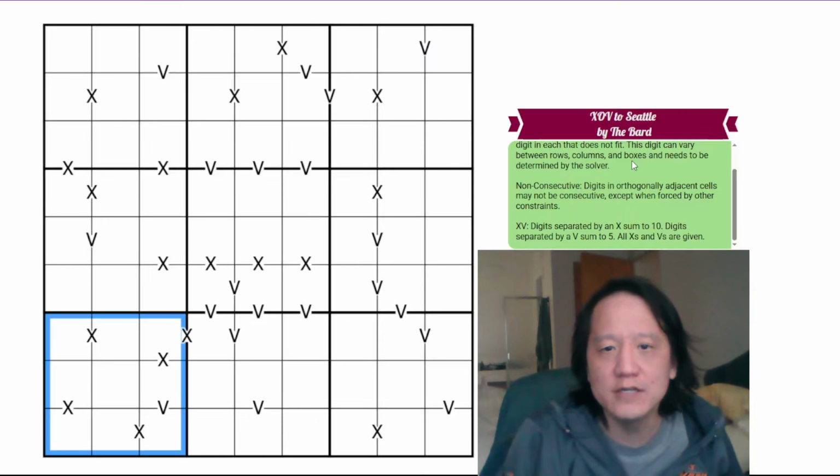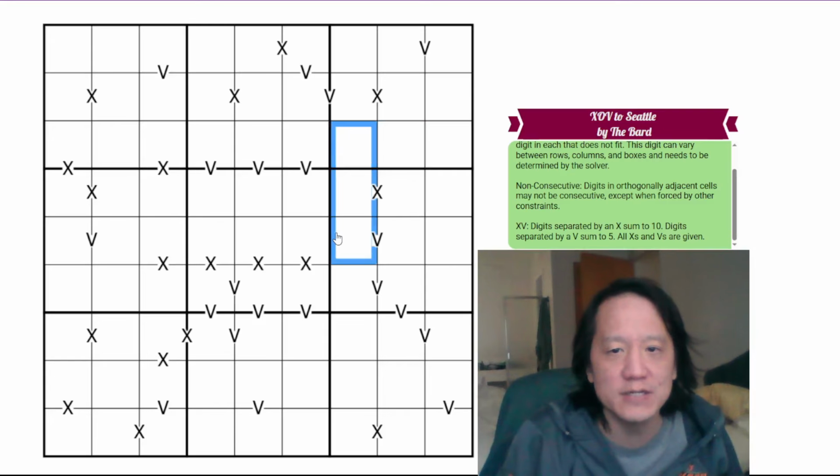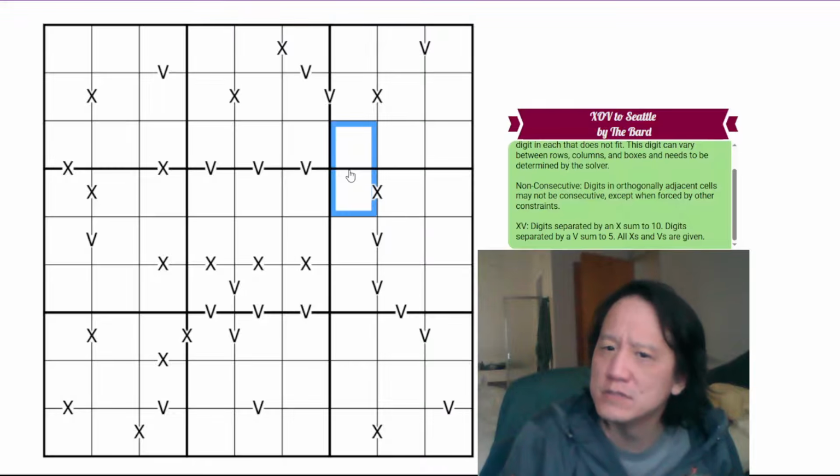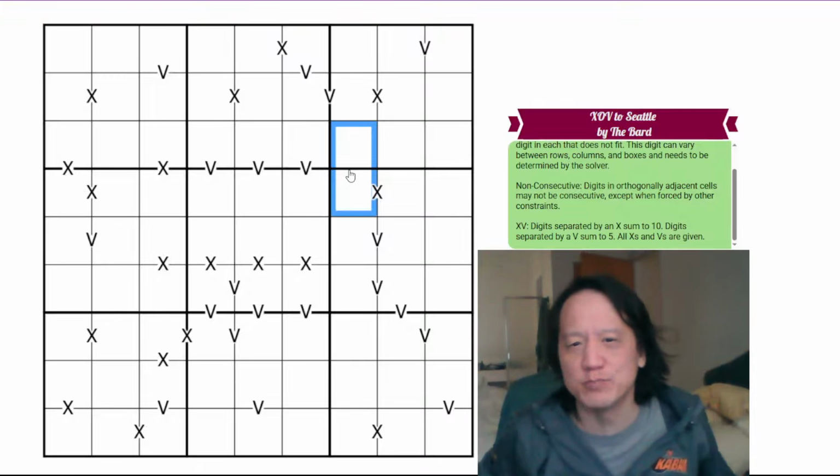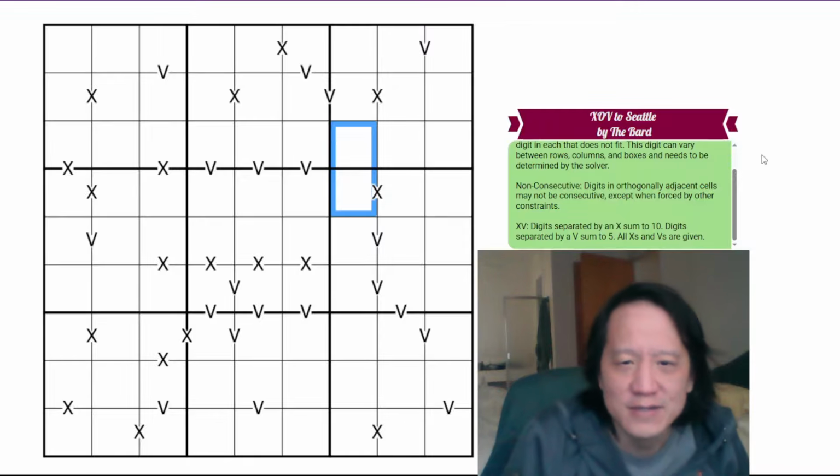We have non-consecutive, where digits in orthogonally adjacent cells may not be consecutive except when forced by other constraints. What does that mean? Usually we don't have that except when forced by other constraints.